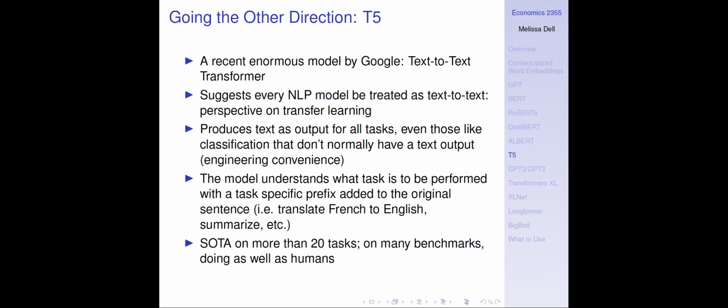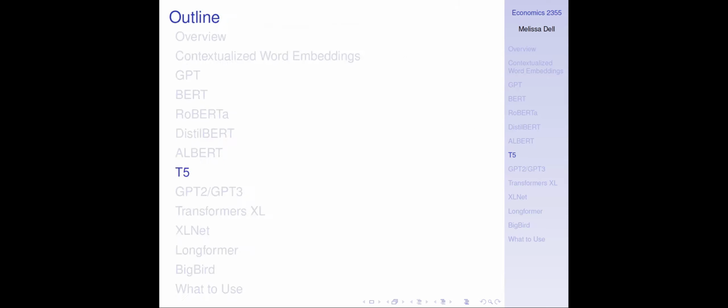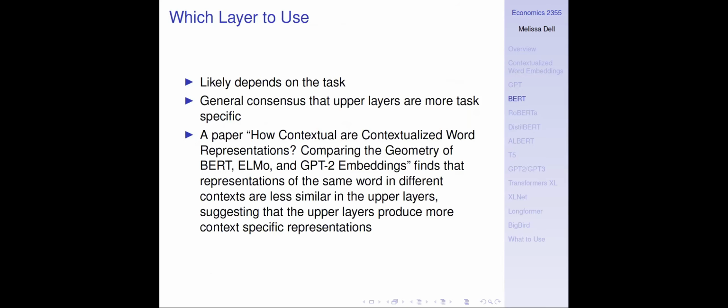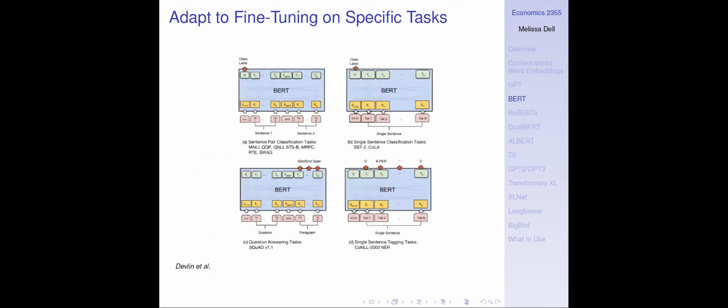T5 is the text-to-text transformer. There's a few things about it. It suggests every NLP model can be treated as text-to-text. That means even tasks like classification. You remember with BERT, if you did a classification task, the output of that is a softmax on that class token.